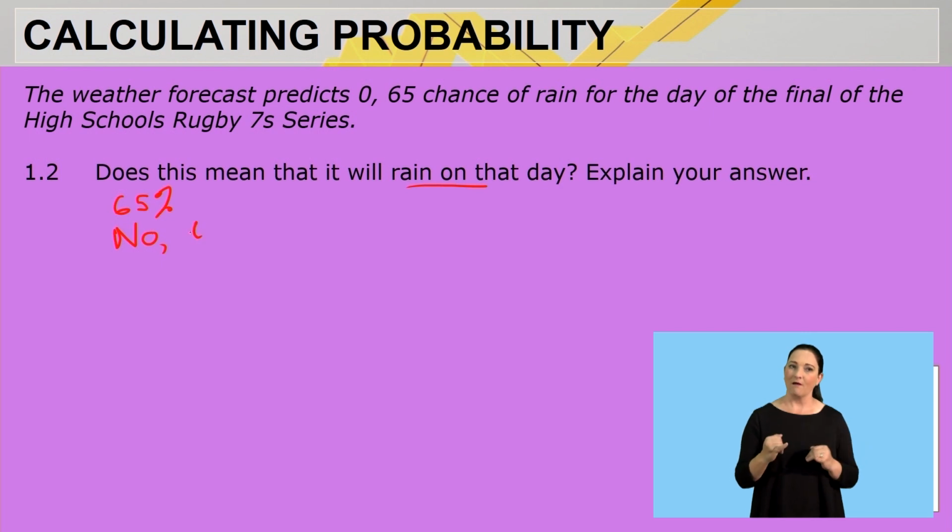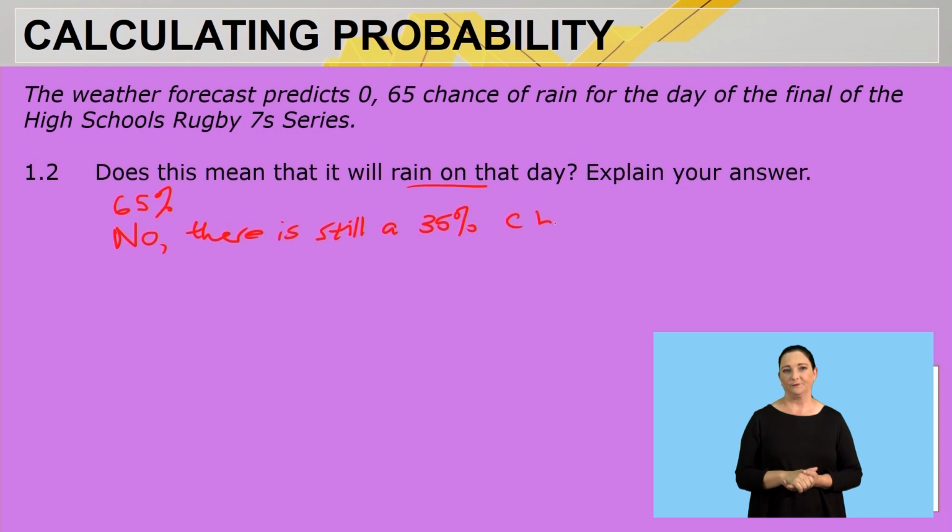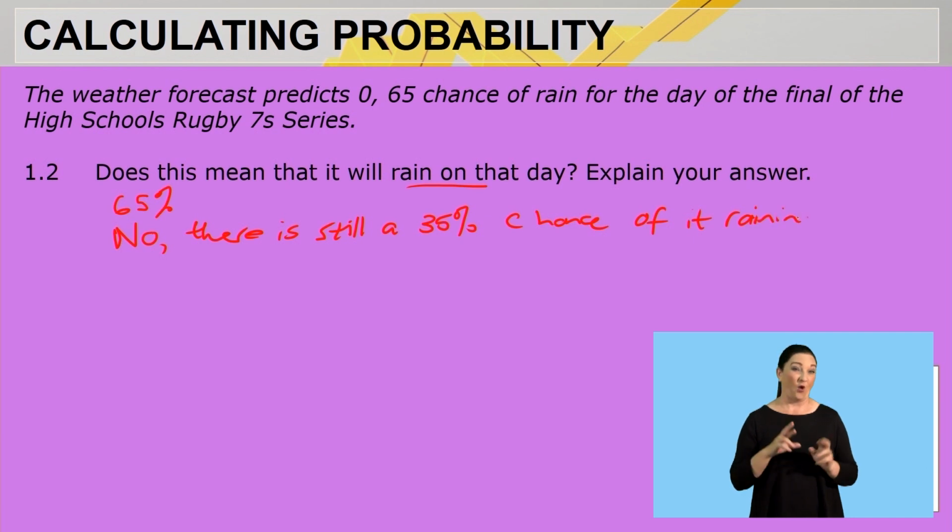Because there is still a 35% chance of it not raining. I hope that makes sense.